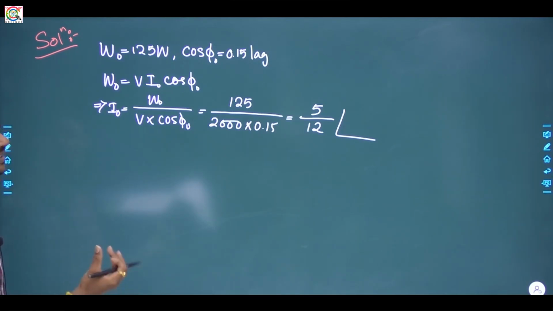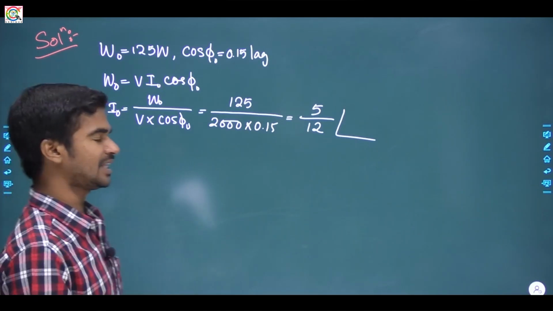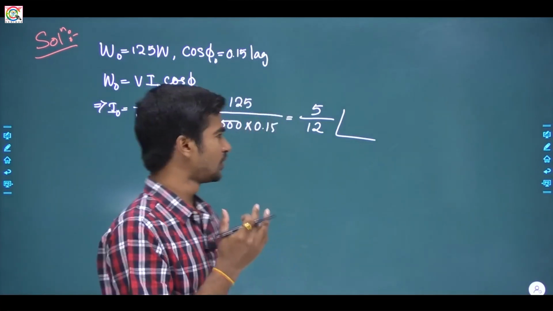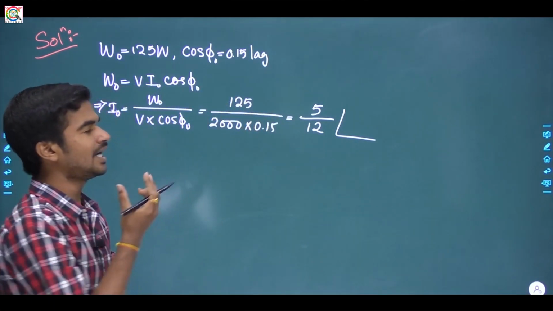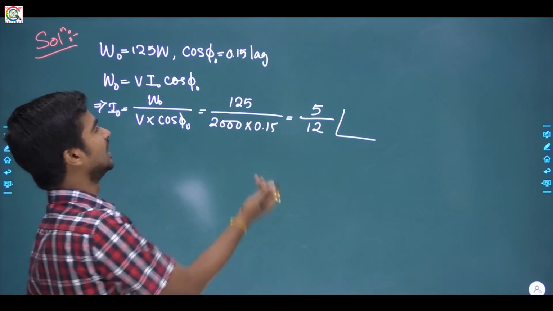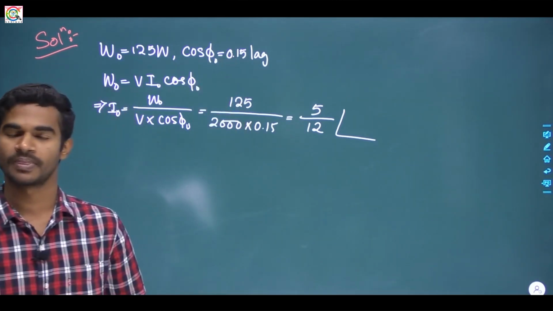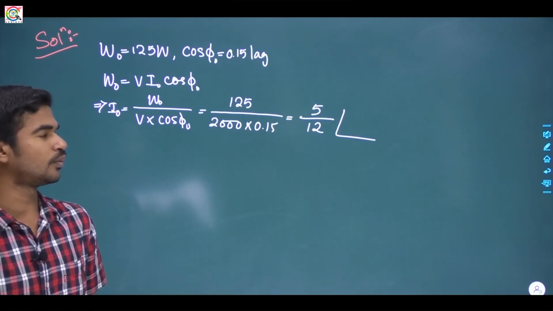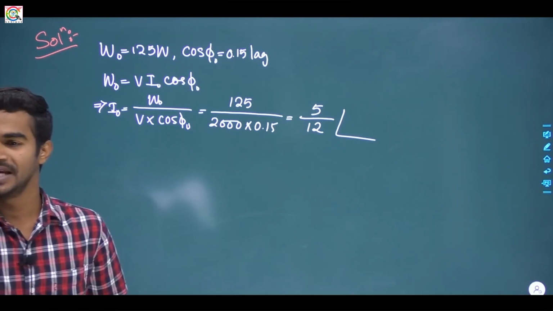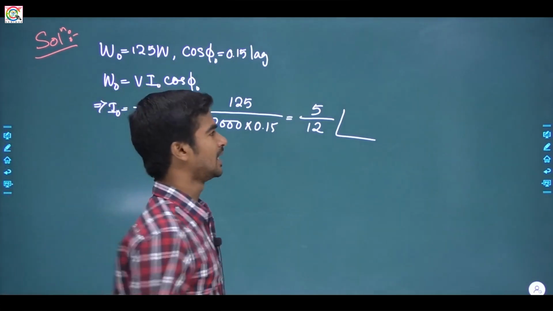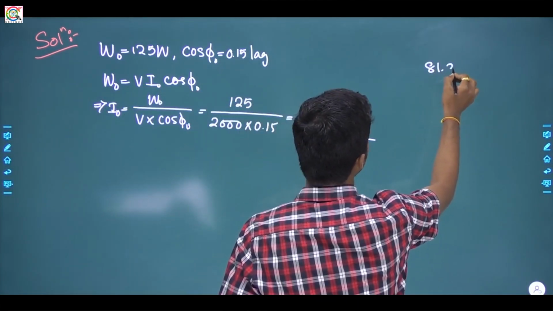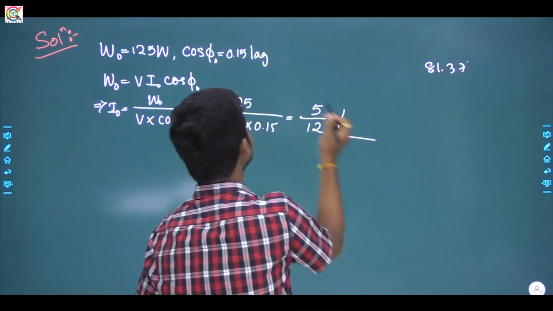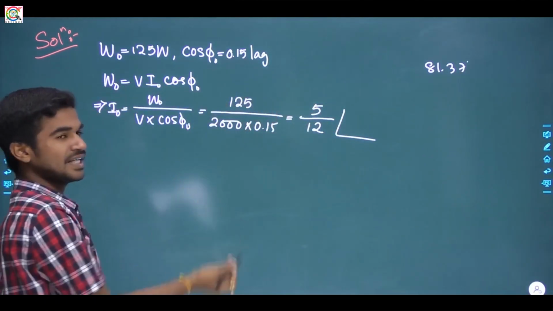So what is the angle? Suppose I'm considering voltage as reference. So I0 will be lagging behind by cos inverse 0.15. Is it correct or not? So tell me what is cos inverse 0.15? It will be 81.37 degrees. Is it a lagging or leading power factor?